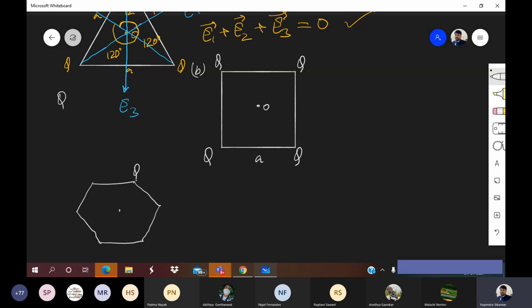So this was Q, Q, Q, Q, Q, Q, and the side is also a for all. Find the electric field at point O in B and C. You need to mention B and C and then mention your answer. Please go ahead.